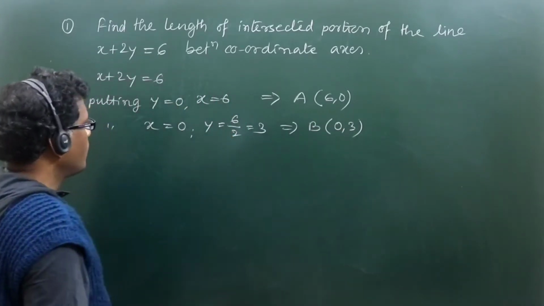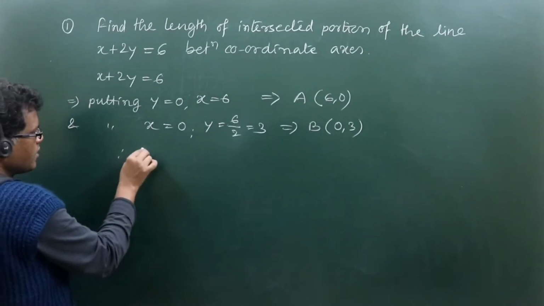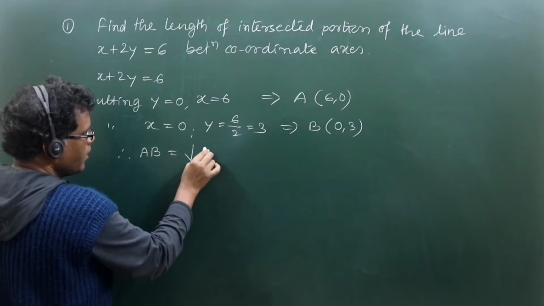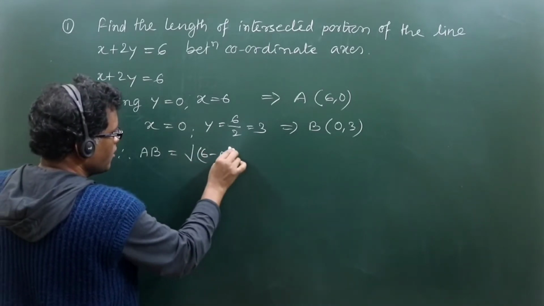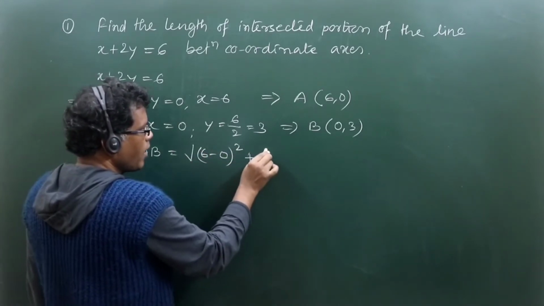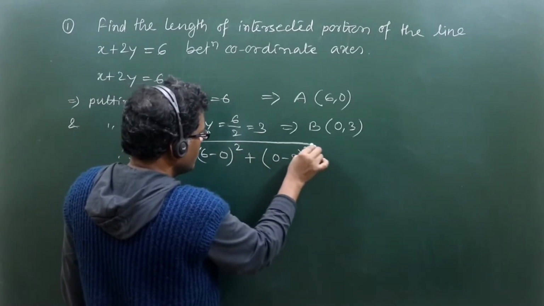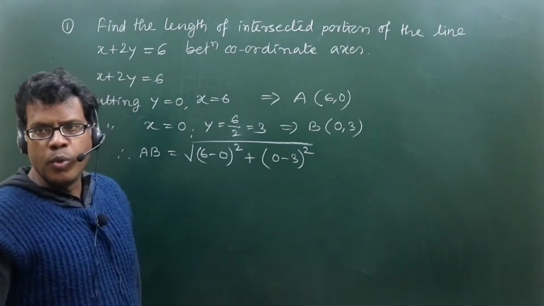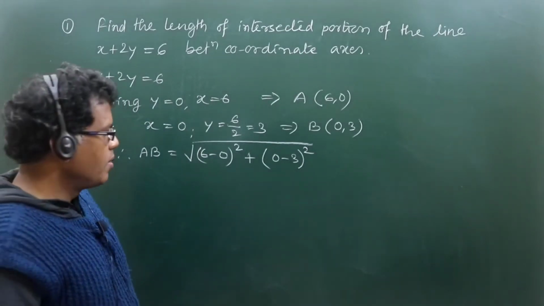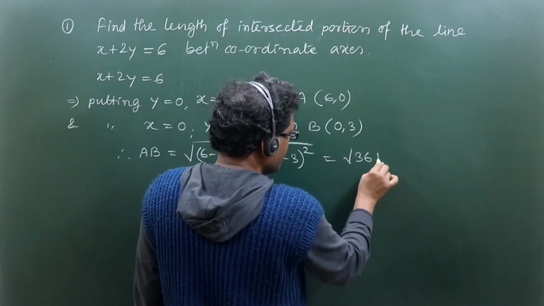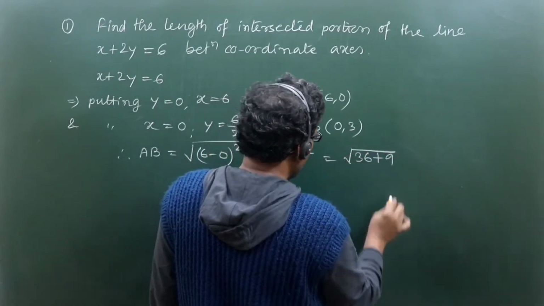So therefore distance of separation between AB will be under root of 6 minus 0 whole square plus 0 minus 3 whole square. The distance formula between 2 points, right? So it will be how much? It will be under root of 36 plus 9.